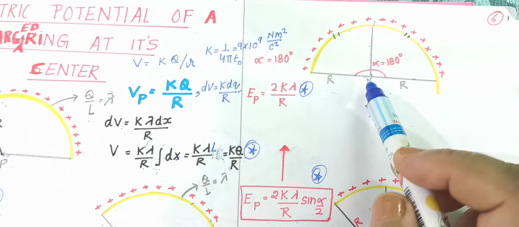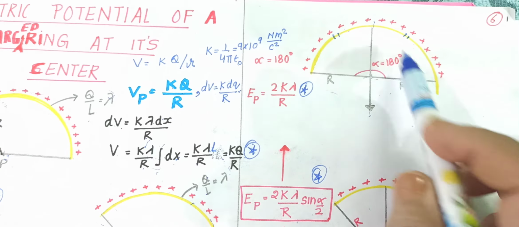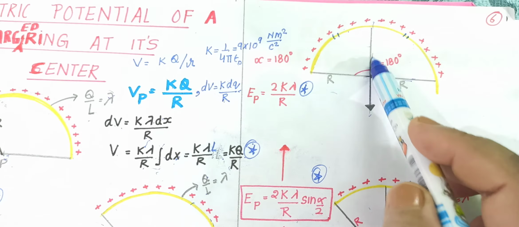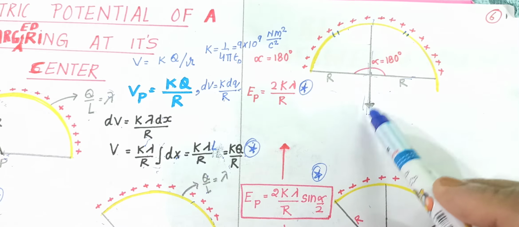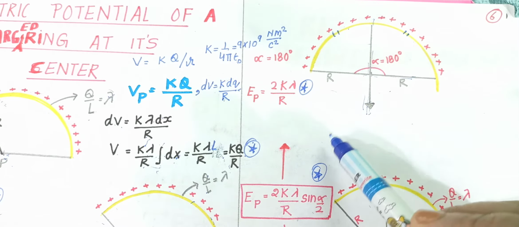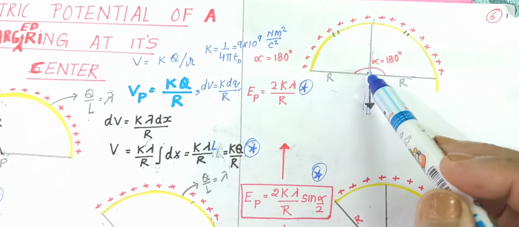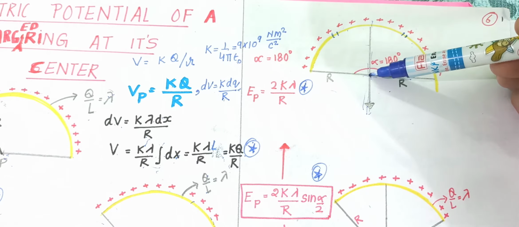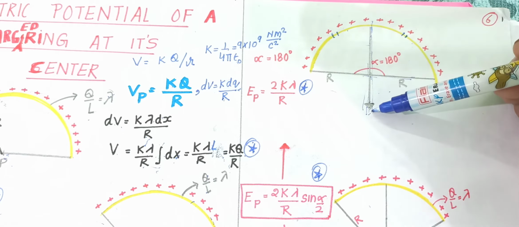and we saw that this component was cancelled by this component, and both the elements were contributing to the field with their radially outward component. So we came to the conclusion that all the elements will contribute to the electric field with their component which is coming radially out.